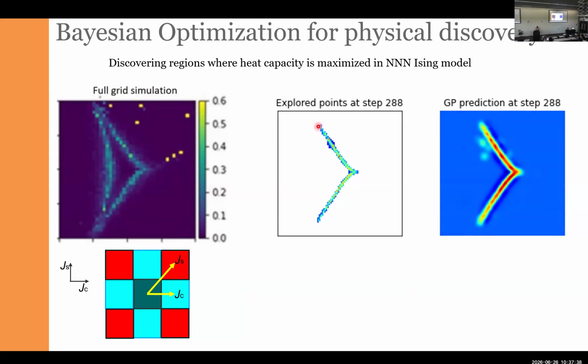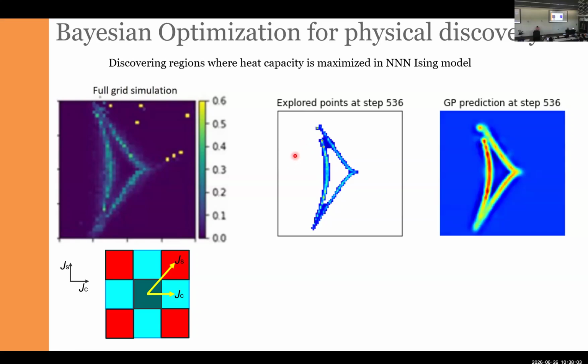So this is how the Gaussian process-based Bayesian optimization looks in this case when I run a very greedy algorithm. A very greedy algorithm means that once my algorithm finds the maximum, it will explore points around the maximum, but it will generally ignore everything else. So what's good, what's bad?